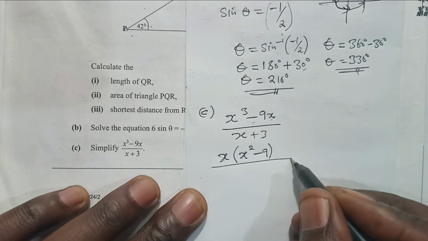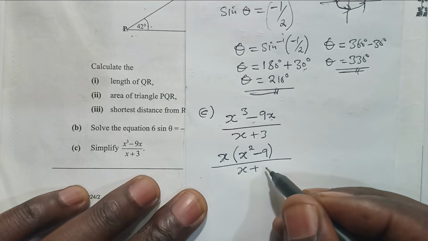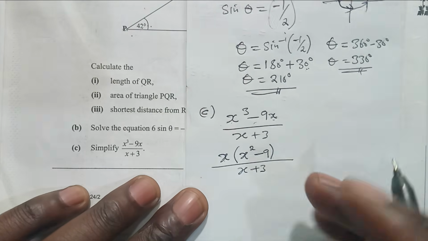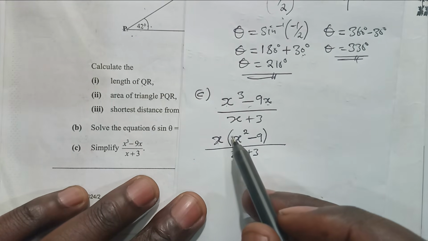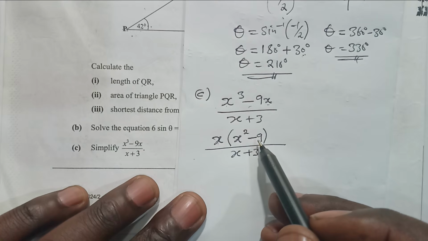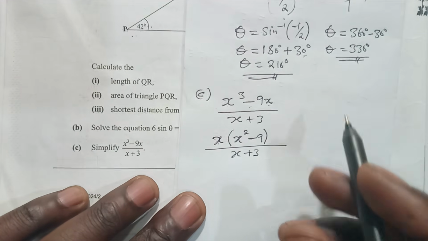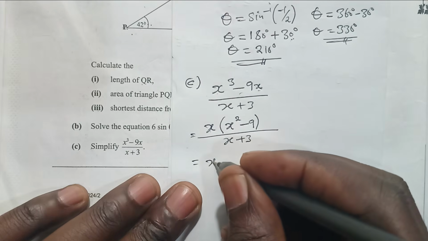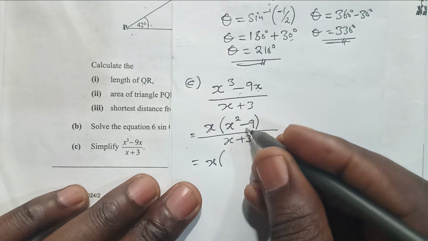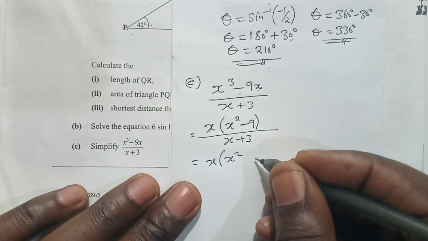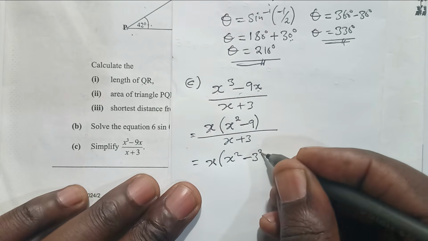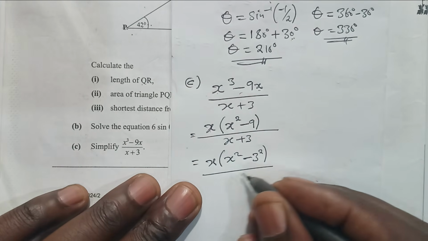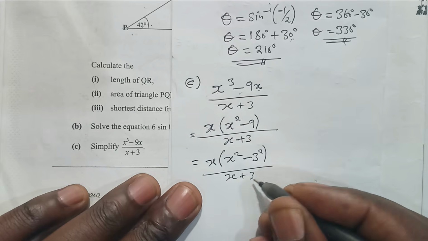Then divided by x plus 3, we maintain the denominator. Again, what we have in the brackets can be factorized further. So we maintain the x, then this is the same as x squared minus 3 squared over x plus 3.